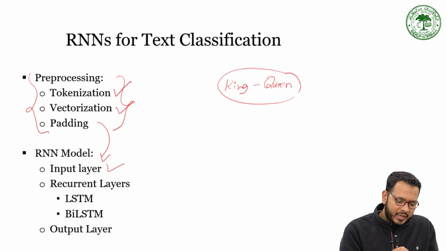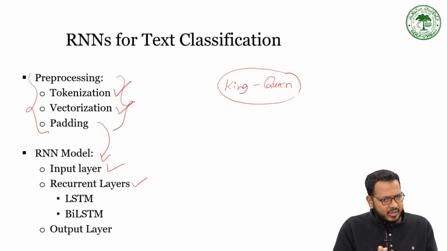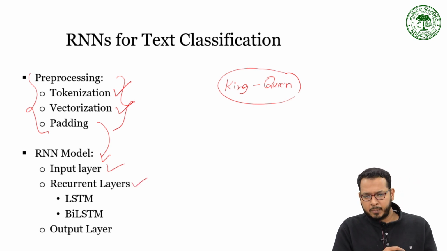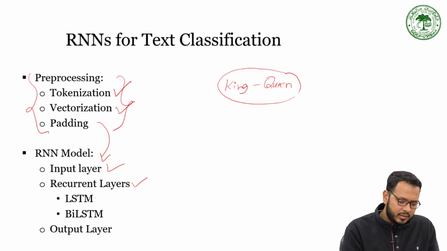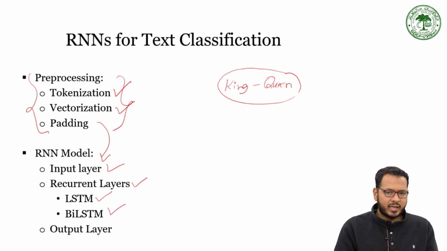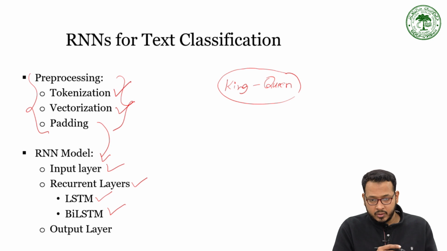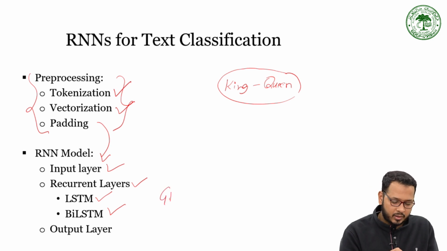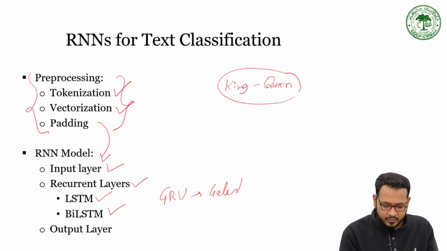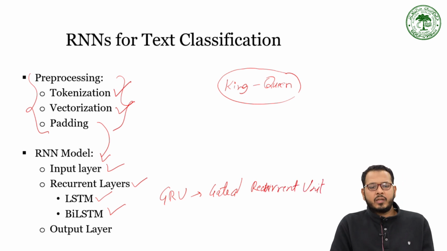There are many types of recurrent layers, but long short-term memory, or LSTM in the short form, or bidirectional LSTM, or GRU, called gated recurrent units, are other types of recurrent layers.